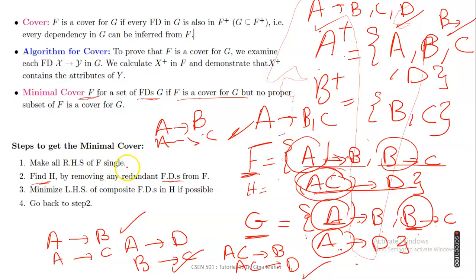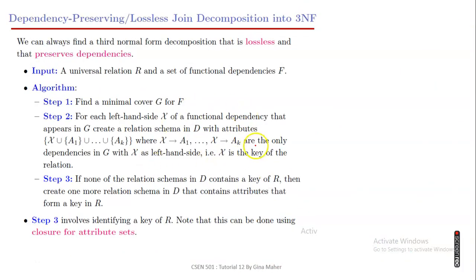But before taking an example, let's know when it is very important to use a minimal cover. Actually, in the last lecture, you will find an algorithm to decompose into a third normal form. Okay? How does this algorithm work?